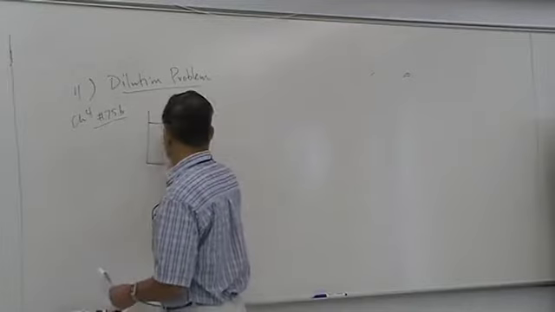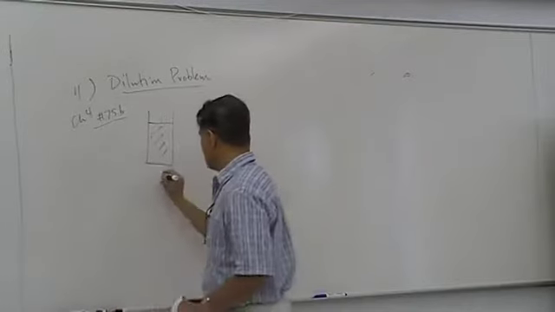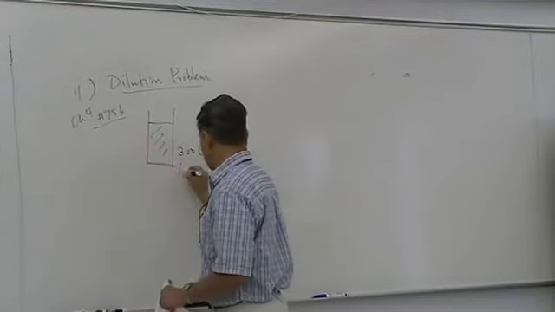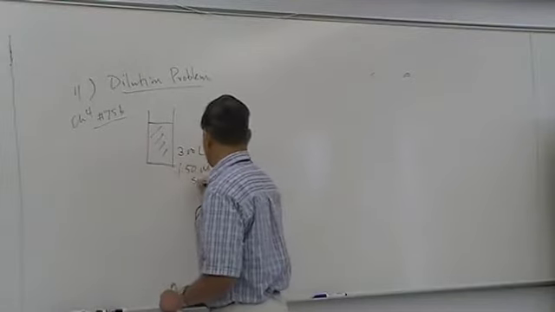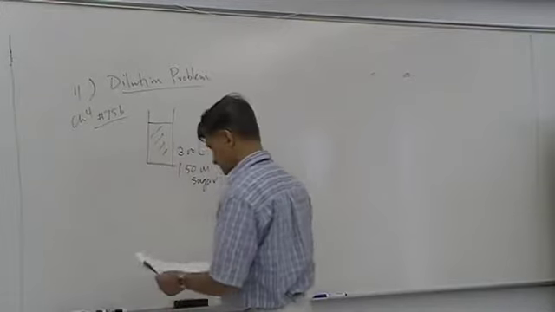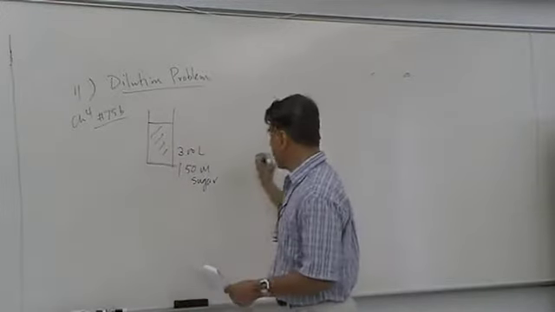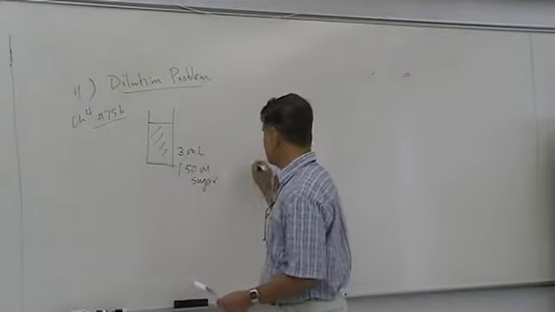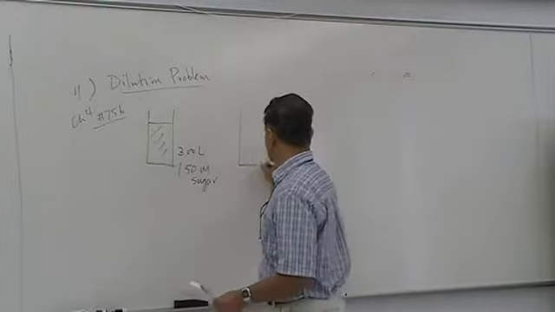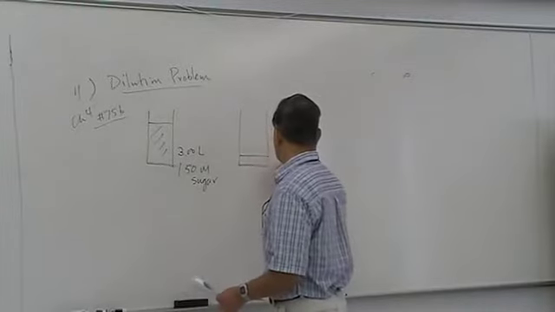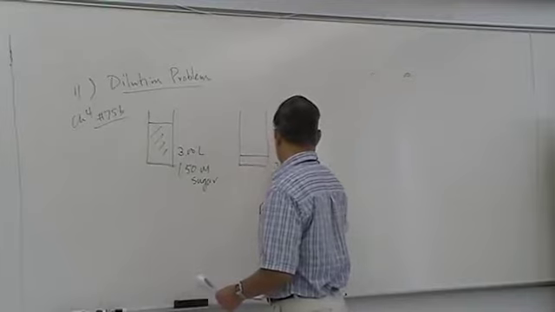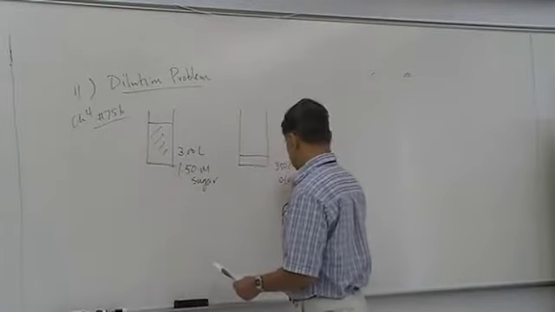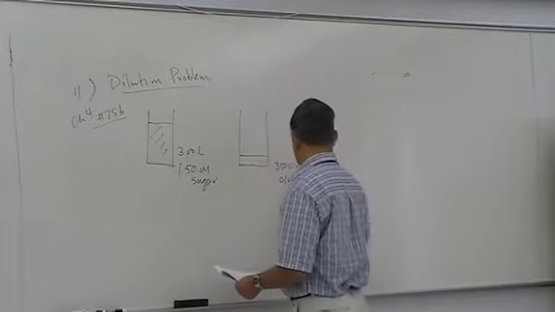Let me explain that to you. You have 3.00 liter of 1.50 molar sugar. And you need to make, from here, 350.0 ml of 0.100 molar sugar.